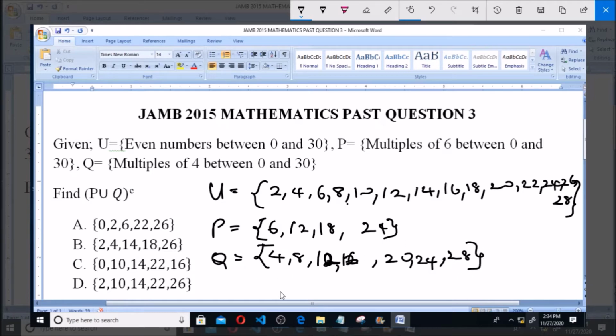Now the question says P union Q is what we're looking for.